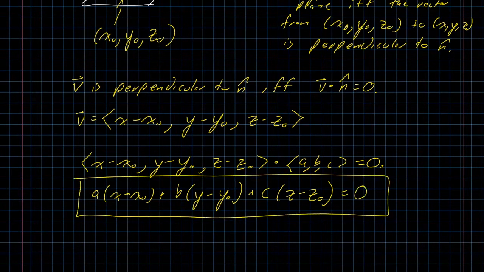And any value of x, y, and z that satisfies this equation is a point on the plane. Any value that does not satisfy this equation is not a point on the plane. We've now established the equation for a plane.